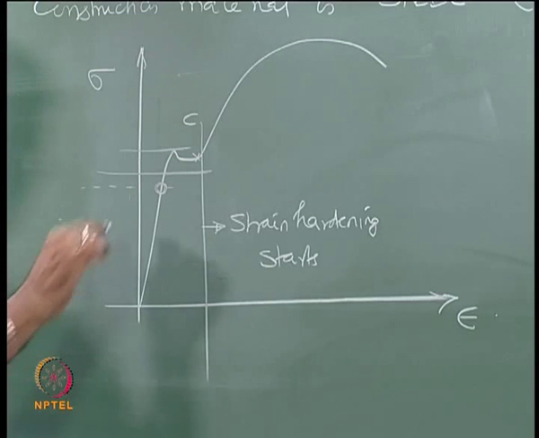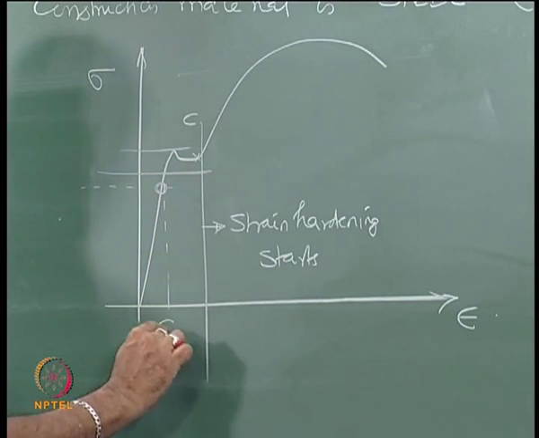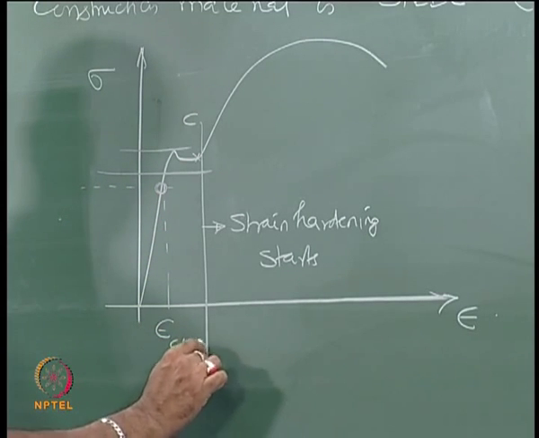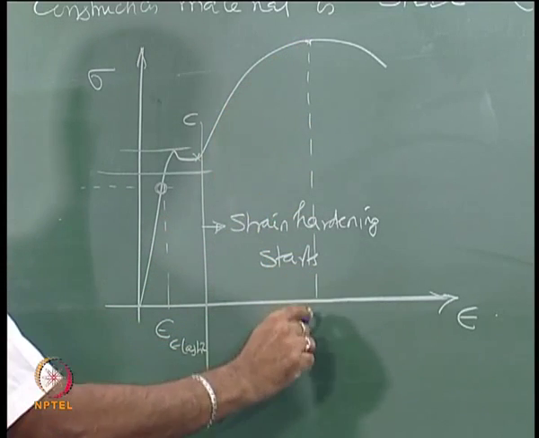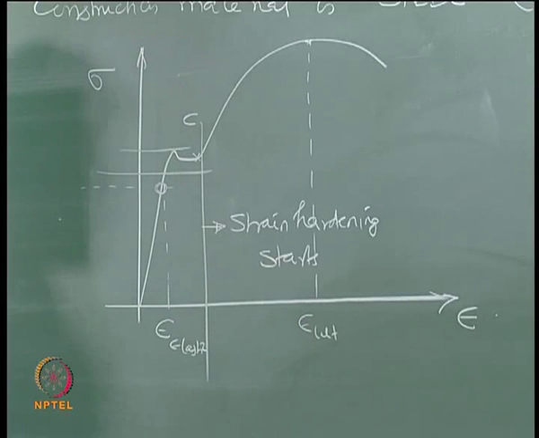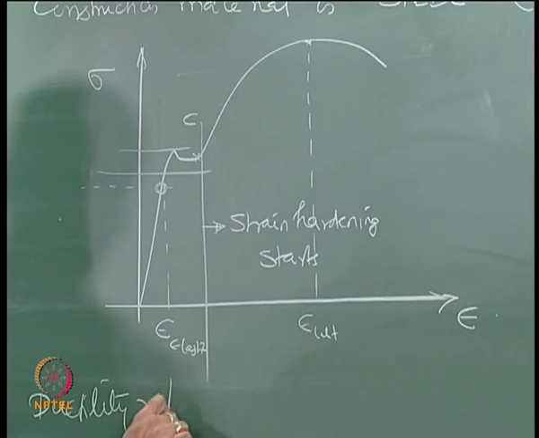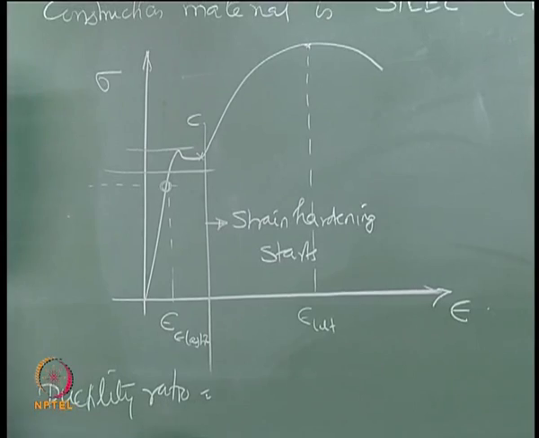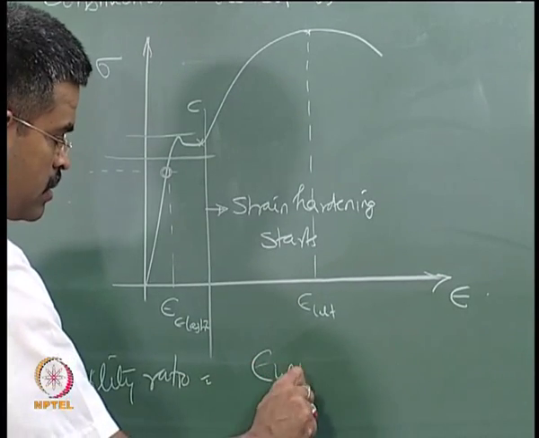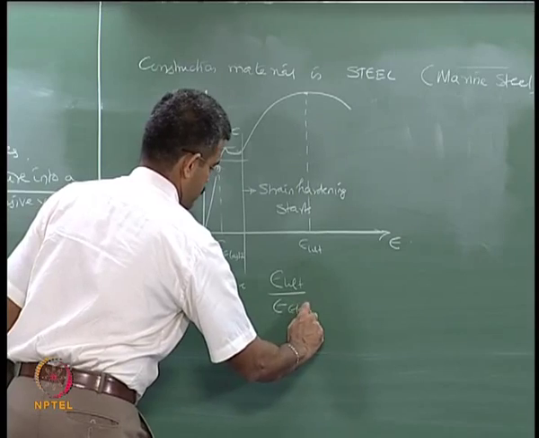So, if I call this as my elastic strain and if I call this as my ultimate strain, obviously ductility ratio defines the proportion between ultimate strain to elastic strain.